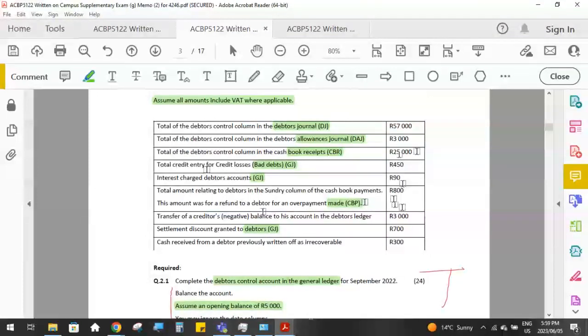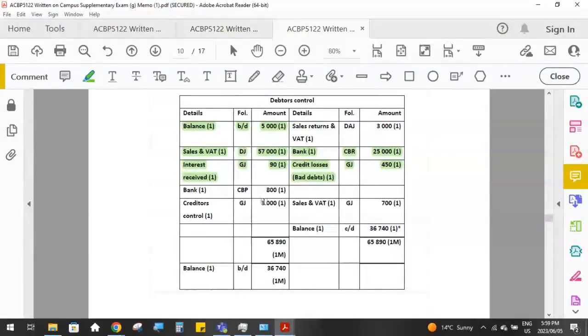So if we are going to refund them, it means we have to physically pay them 800 Rand. So we are going to credit our bank account with 800 Rand and debit debtors control with 800 Rand, because over here in this entry, we would have credited debtors control with 800 Rand too much because that client overpaid us. So they overpaid us from a cash flow point of view. So we have to refund them that 800 Rand.